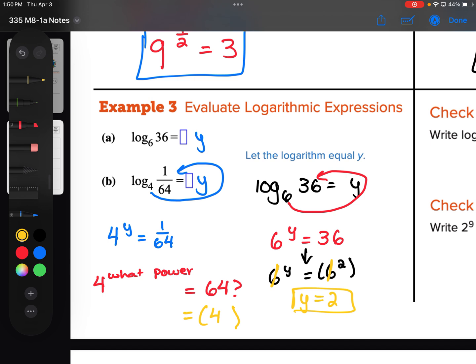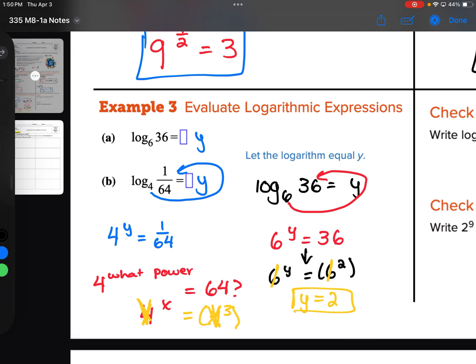Let me check. 4 to the power of 3 is 64. So rewrite it, and then we figure out what power that is. Same base, erase, cross those out. Boom. You get x is equal to 3. Now, since we're really dealing with 1 over 64 in our problem, we know to flip over a fraction like that, it needs to be a negative exponent.